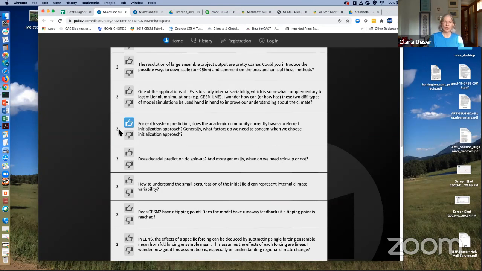And is the character of internal variability different in an LGM climate or an earlier time climate versus a future climate, and especially on regional scales? So I think it's very nice to bring these two projects to bear on that question.